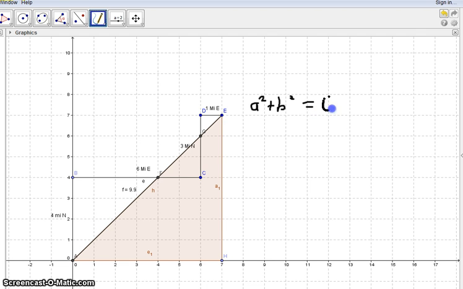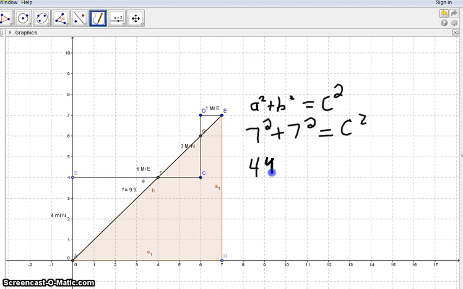Not easy to do with the mouse. I'm going to try the stylus and see if that makes it any better. We've got 7 squared plus, not much better, sorry, stylus. 7 squared plus 7 squared equals c squared, where c is this distance from A to E.